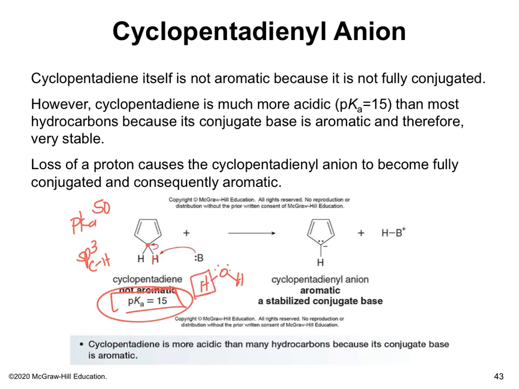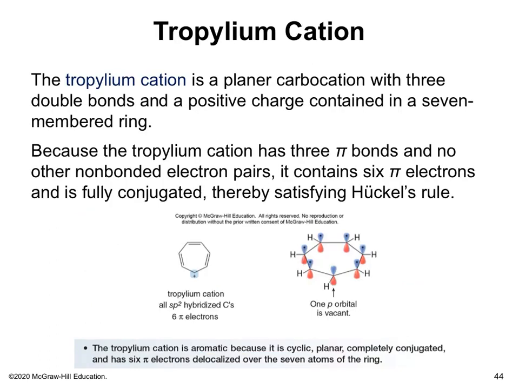Because if you take a base and deprotonate that, you make a cyclopentadienyl anion, and this is aromatic, lower energy, majorly stable, and that's why it has a pKa value of 15. A tropylium cation has 6 pi electrons, everything's fully conjugated and cyclic, so that's going to be an aromatic compound.